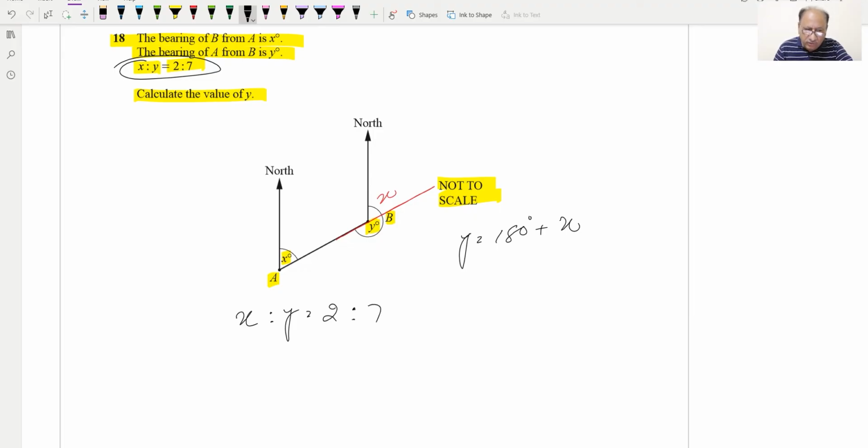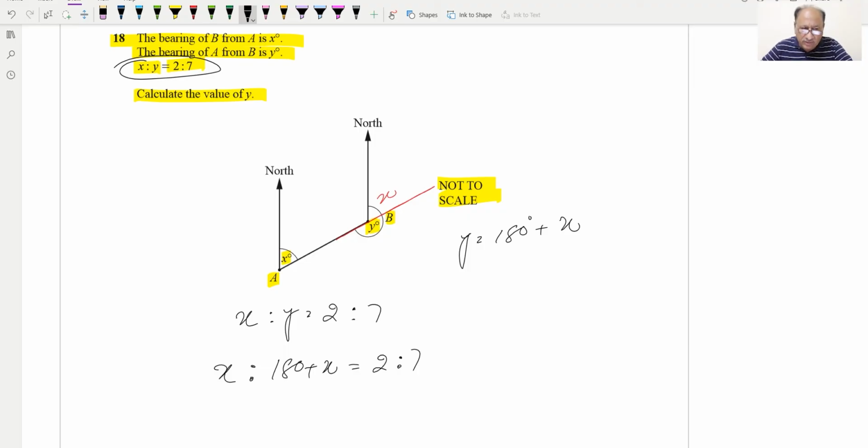Now x we know is equal to y minus 180 degrees, or what we can do, we can write here x ratio y, where the y value is 180 plus x. So x ratio 180 plus x is equal to 2 ratio 7.